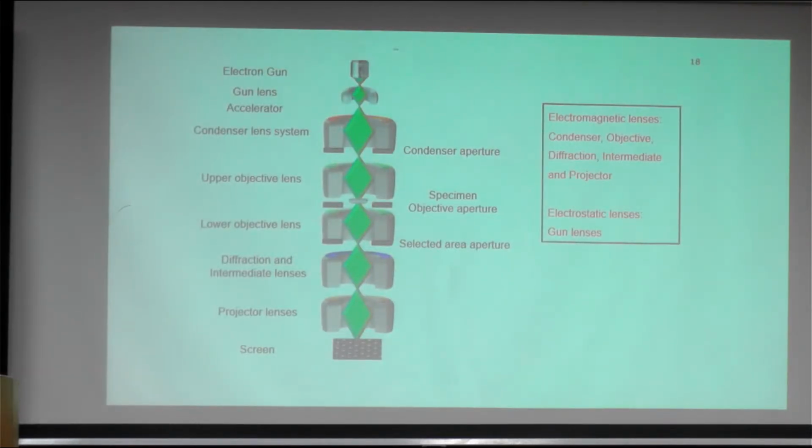So now let us look at the electromagnetic lenses, how they are constructed. The electromagnetic lenses are the condenser, objective, diffraction, intermediate, and projection lenses. These are electromagnetic lenses. The gun lenses here are electrostatic lenses.